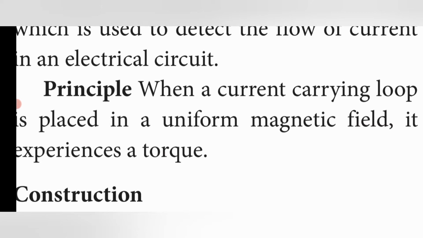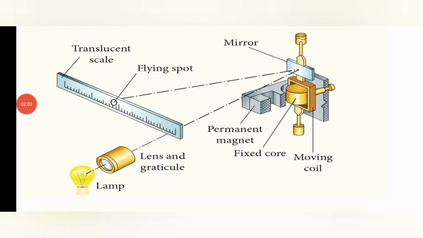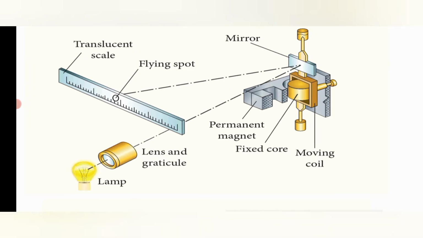Next diagram. This is the diagram of the moving coil galvanometer. Here the permanent magnet is present, and also the fixed core at the center, and the moving rectangular coil. The moving coil is responsible for producing the torque, and the mirror, lamp, lens and scale are used for reading purposes.